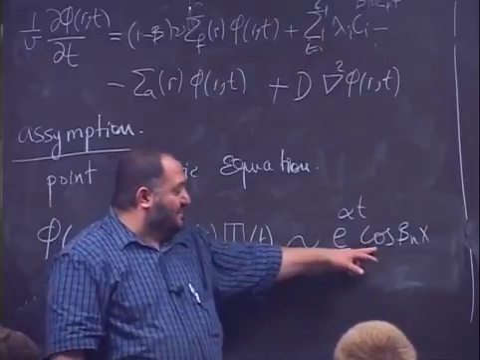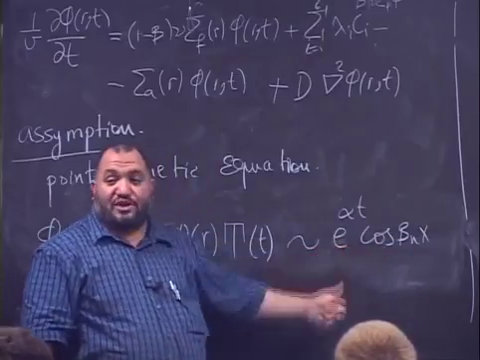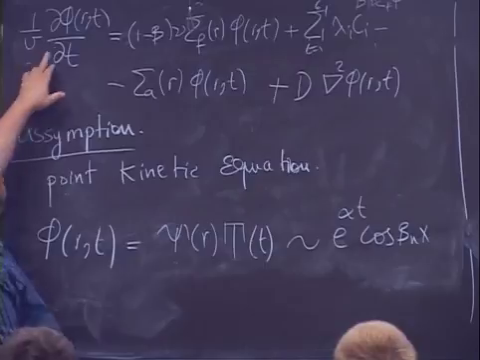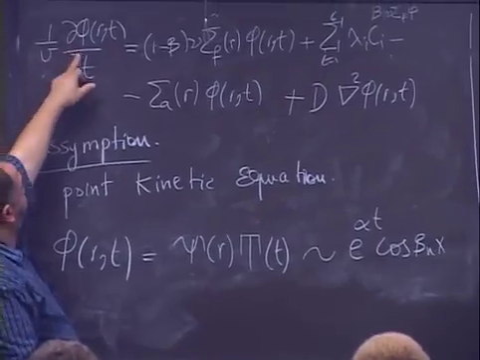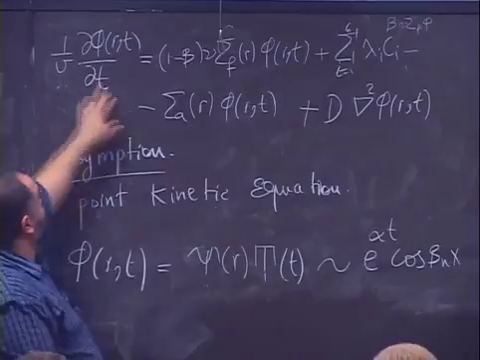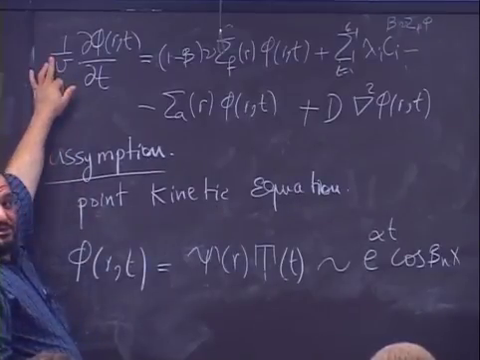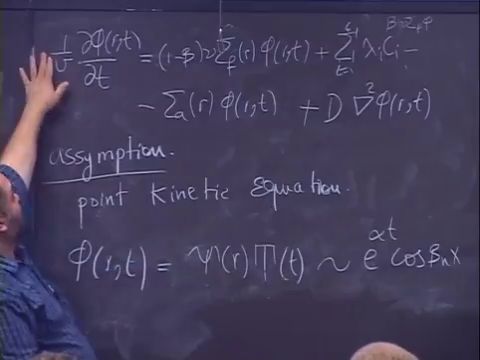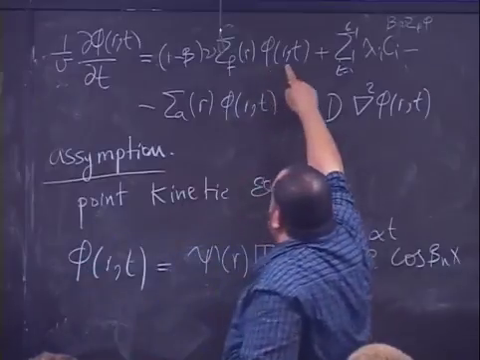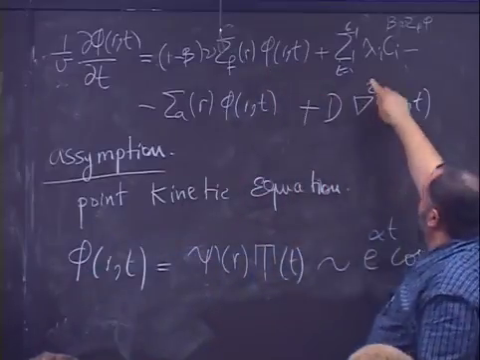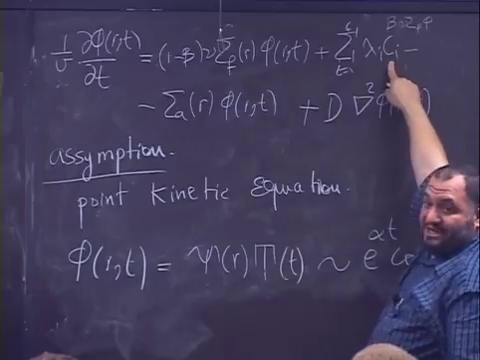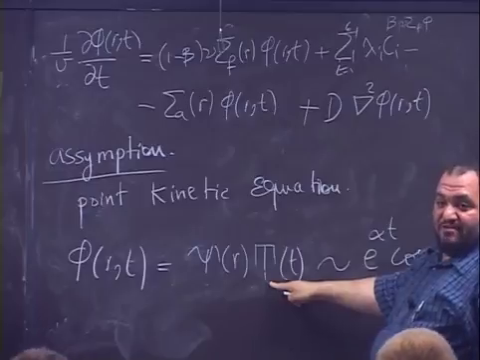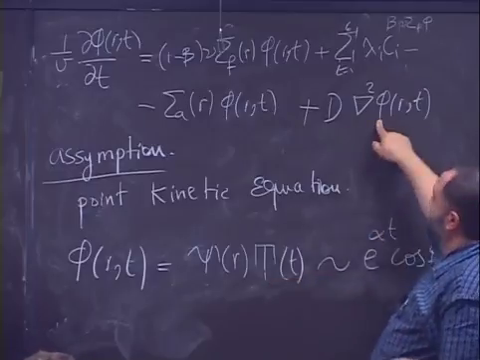So now I can separate the spatial part from the time part, and if you substitute here with the flux, the flux will be a function of time. You differentiate dT/dt, and psi of r comes out, because it is no longer a function of time. You will have the same for the C_i: C_i of r multiplied by the same behavior function T of t.